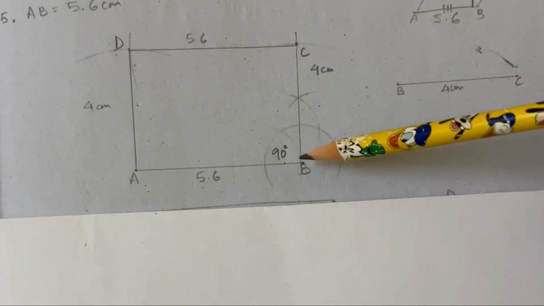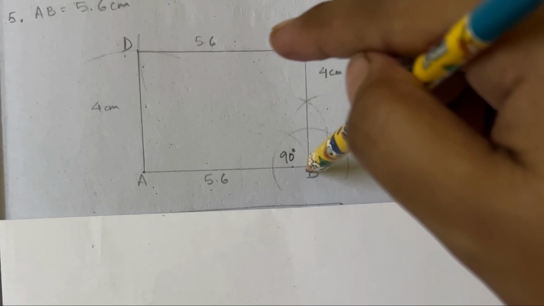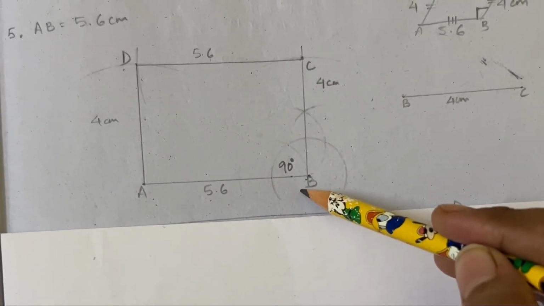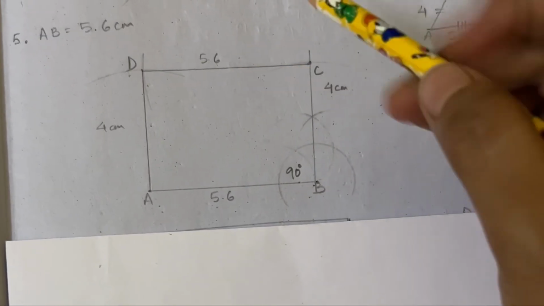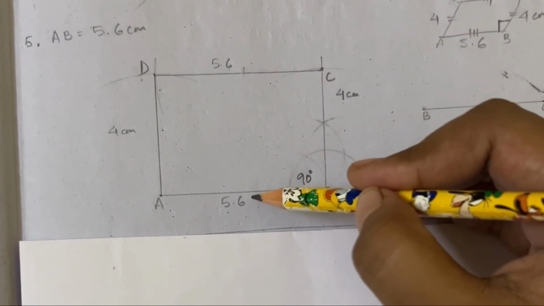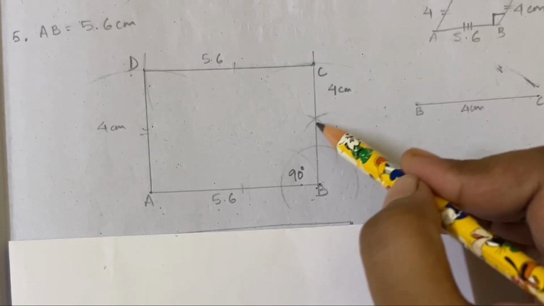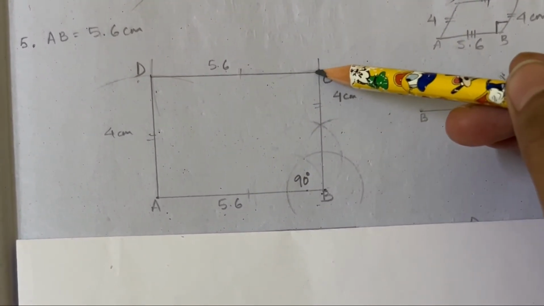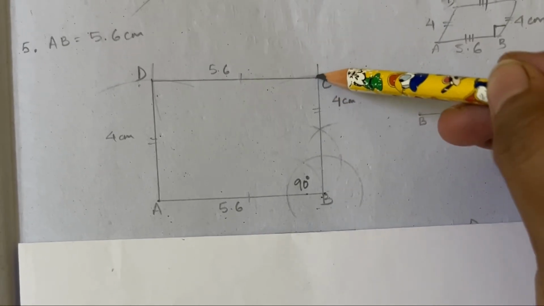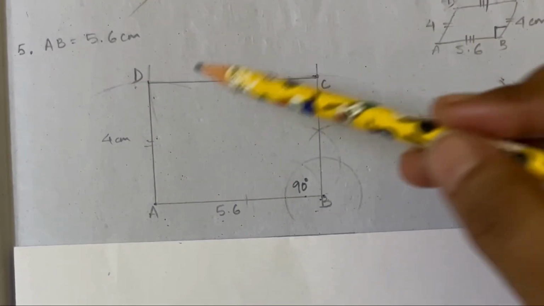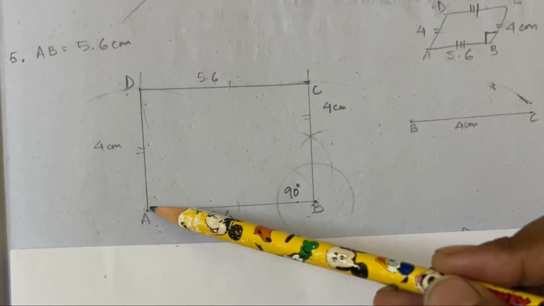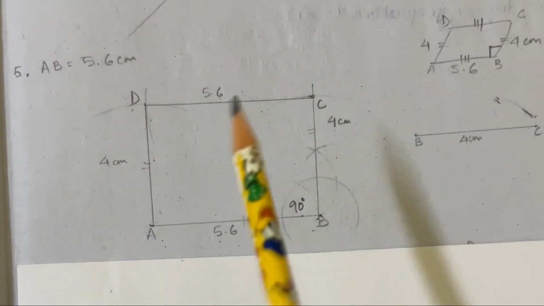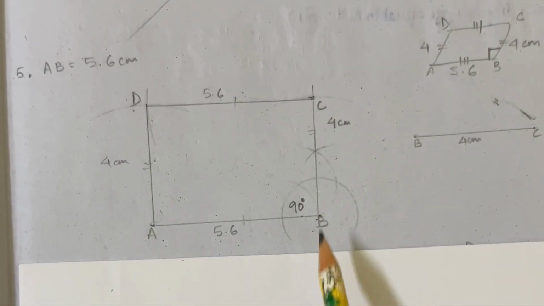So measuring 4 centimeter with the compass, we draw an arc here, we get point C. Again we know if AB is 5.6 in a rectangle, opposite sides will be equal. So DC will also be 5.6. So again measuring 5.6, we draw an arc here, we get point D. Again AD measures 4. So from point A we are going to measure 4 centimeter and bisect the line. So we get the required rectangle ABCD.